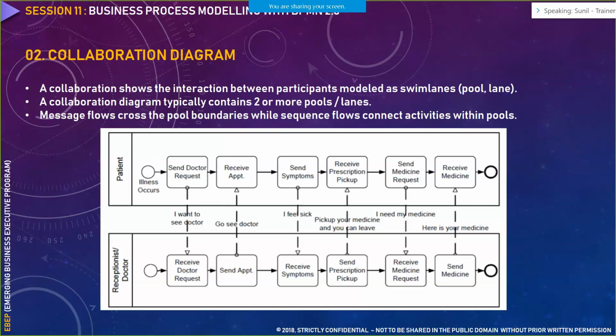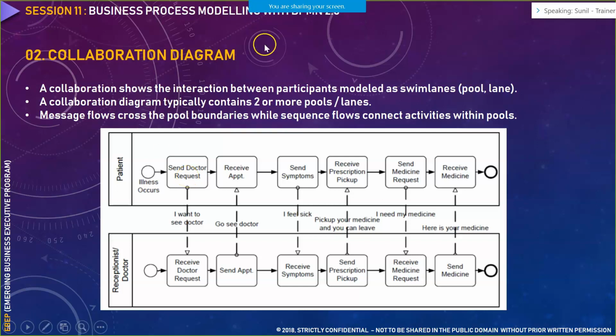You cannot design a system wherein you are showing a collaboration and a message is left unattended. You have to attend each and every message that you have sent out from that particular system. So that's the reason why the number of sent requests and received requests are the same in this collaboration diagram.